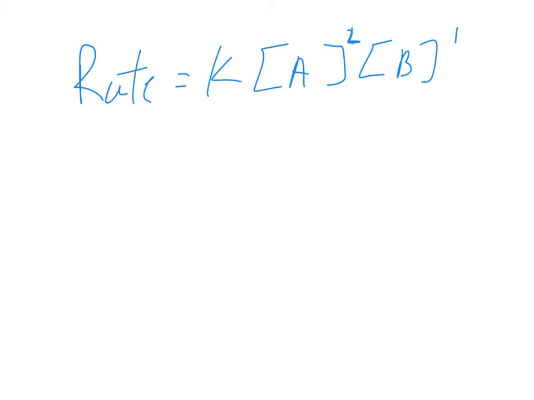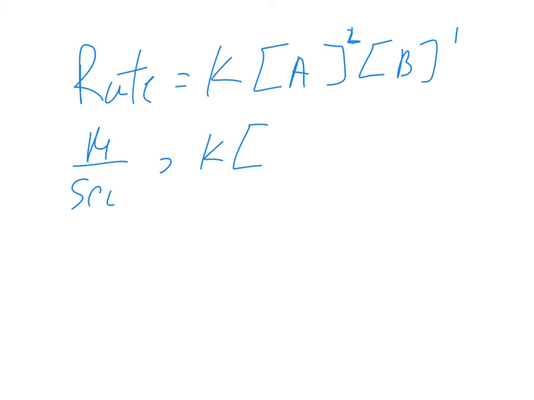As you have probably noticed, as the rate orders get larger and larger, the units for k get more and more complicated. In this case, I actually have a third order reaction where A is raised to the second order and B is raised to the first order.